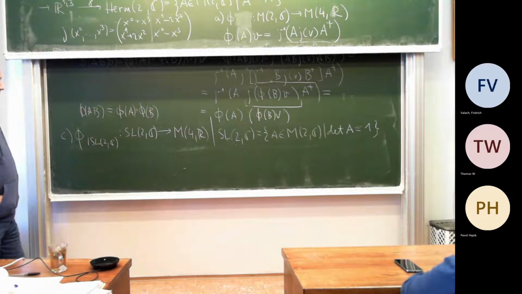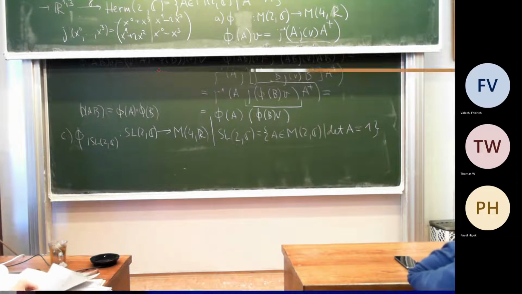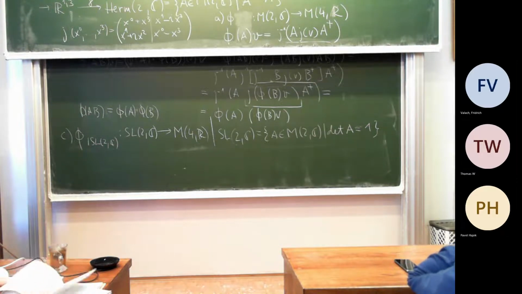So we restrict it, and it's easy algebra to find that the image is a subgroup, because we can take phi A, phi B, and multiply phi A times phi B, we get phi of AB because phi is a semigroup morphism.